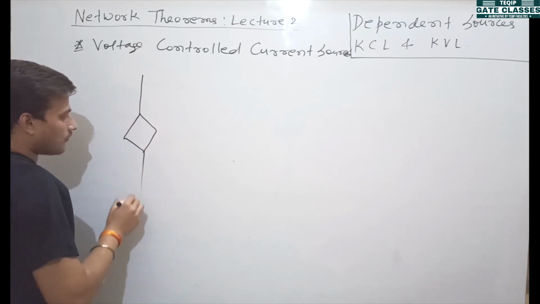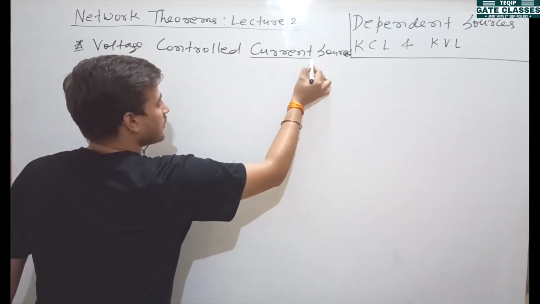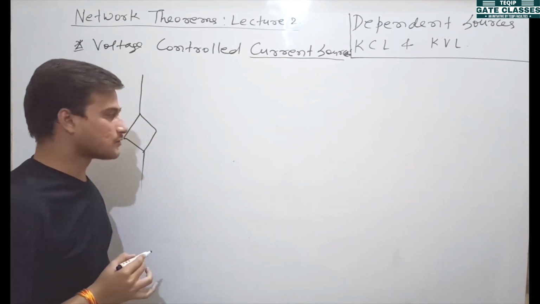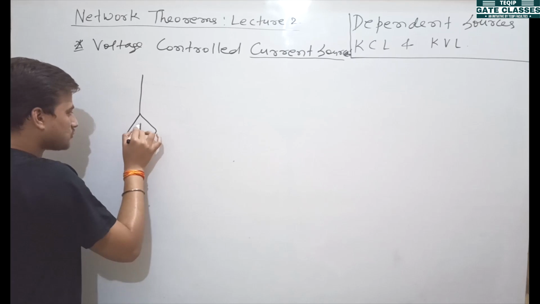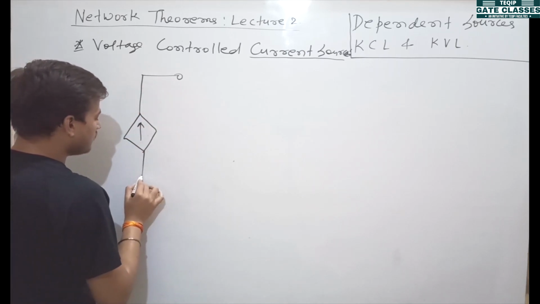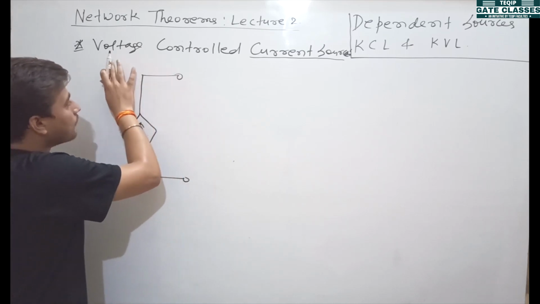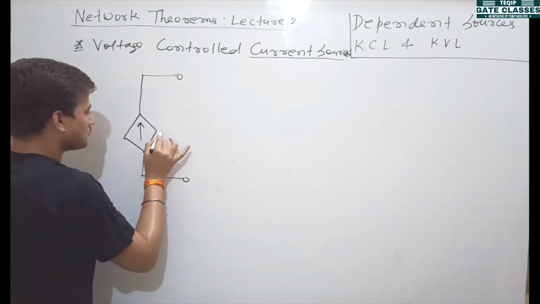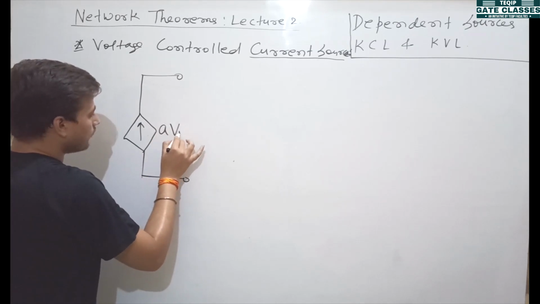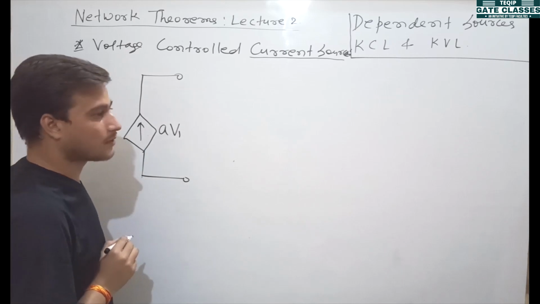This is the symbol of a dependent source. It is a dependent current source. For a current source you show it with the help of an arrow. Its value is dependent on the voltage of another branch, so its value will be A into V1.